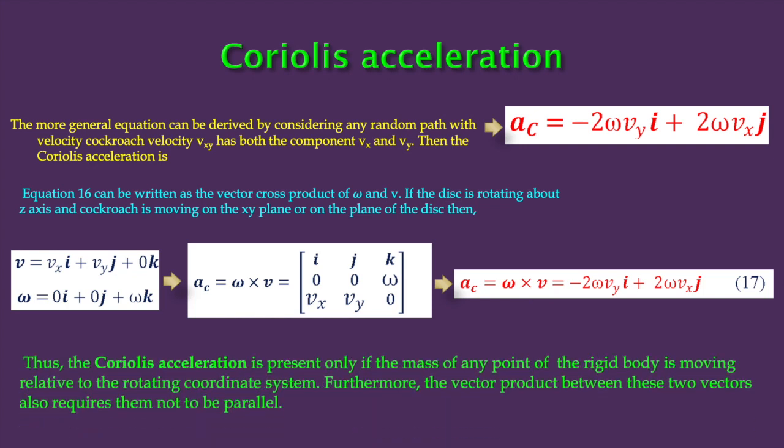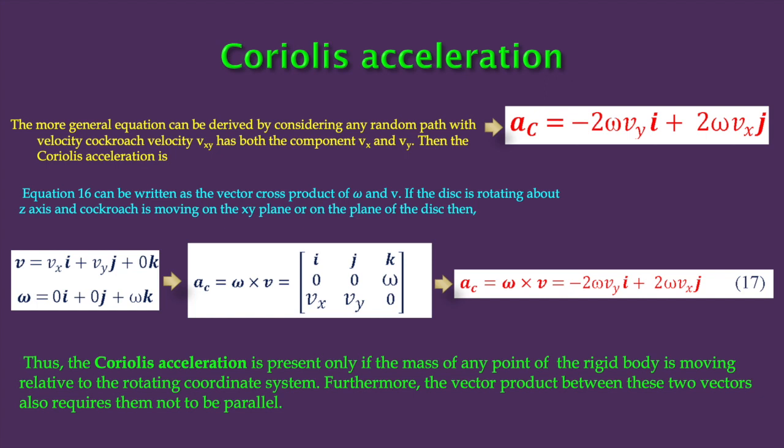So in conclusion, the Coriolis component of acceleration is present if a rigid body is rotating with respect to a fixed reference system and there is a moving reference system also present.